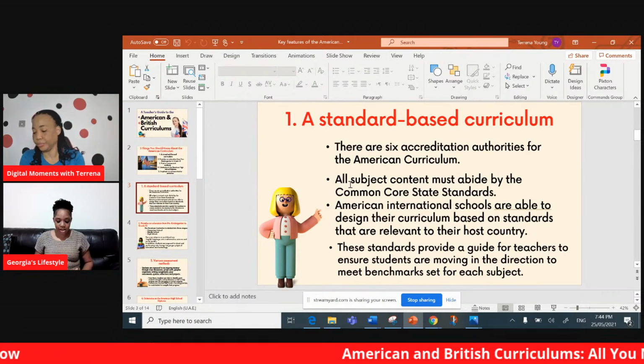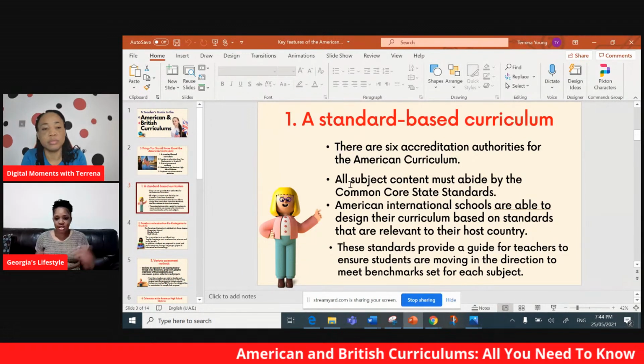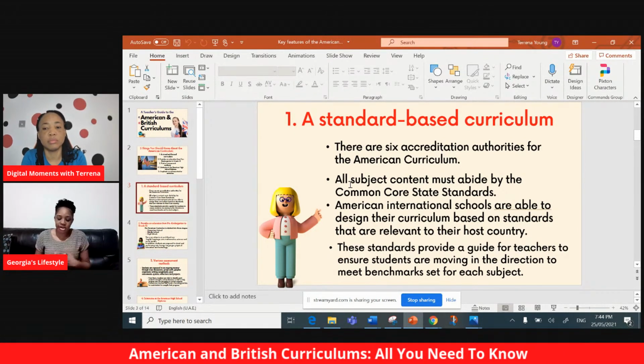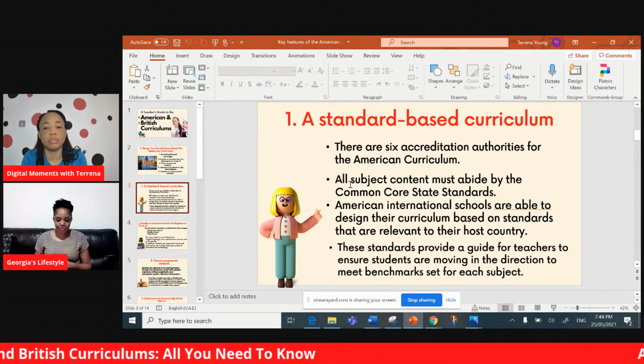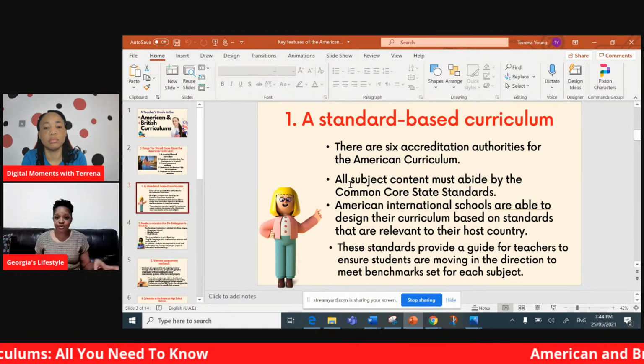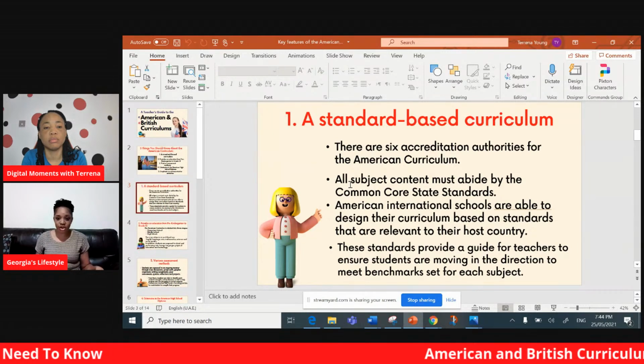And international schools, of course, are able to design and tailor it to fit the needs of their school or the needs of the country.